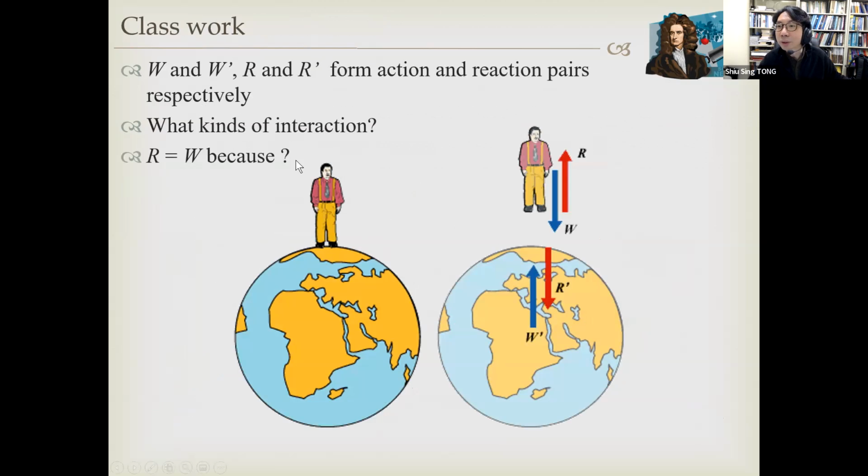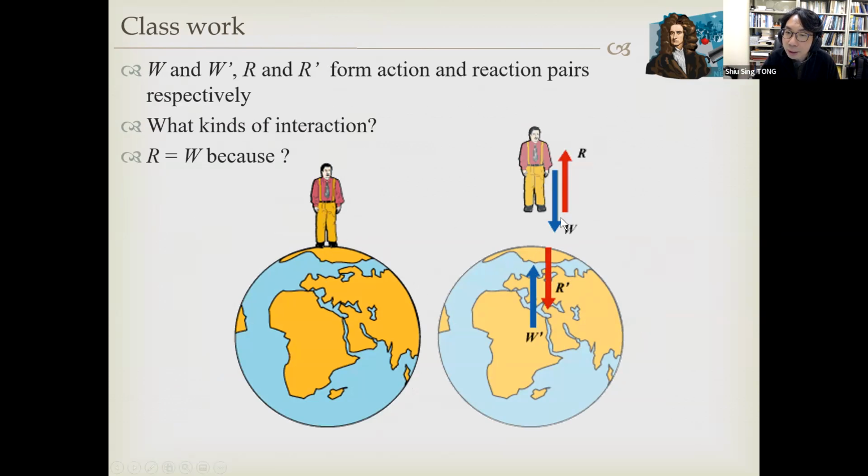Now, after a long lecture, I would like you to answer my question. Suppose a person is standing on the ground. How many forces are acting on the person and also the ground due to the interaction? I now label all the forces on the person and on the ground. So what is the relationship between these four forces?